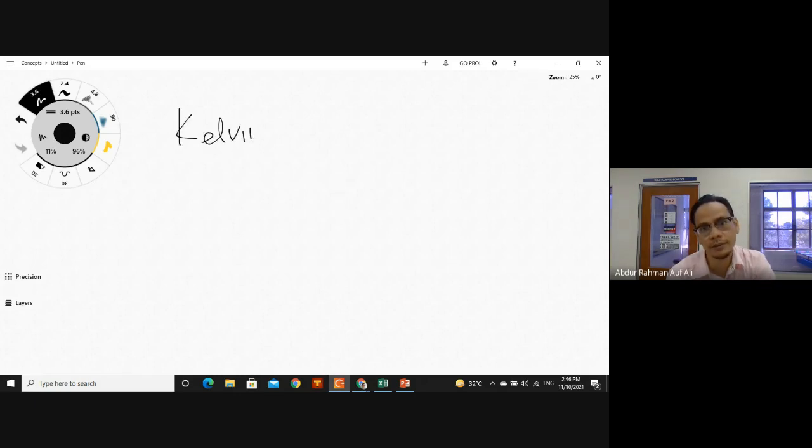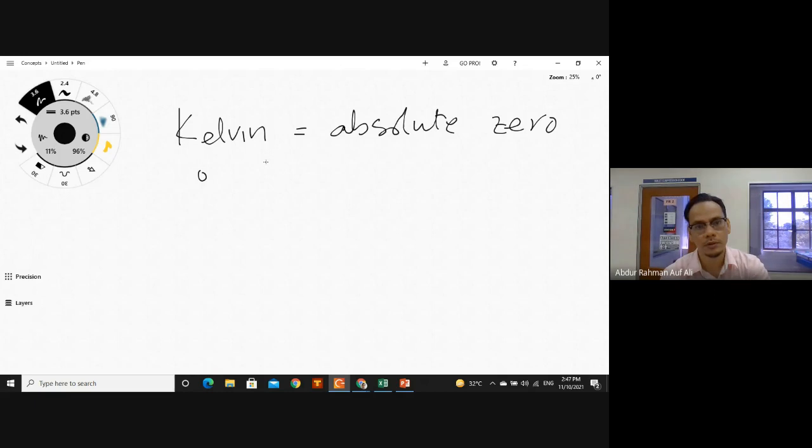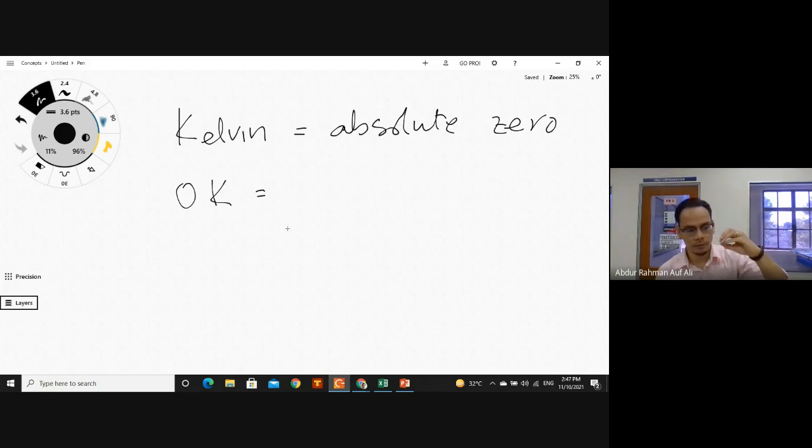Okay, unit Kelvin for temperature. Because we prefer Kelvin as it can measure absolute zero. Okay, that means zero Kelvin is the temperature where when a substance freezes, it freezes until even its molecules freeze. It doesn't vibrate even a little. That's why it is known as absolute zero. Okay, because nothing moves at 0 Kelvin.